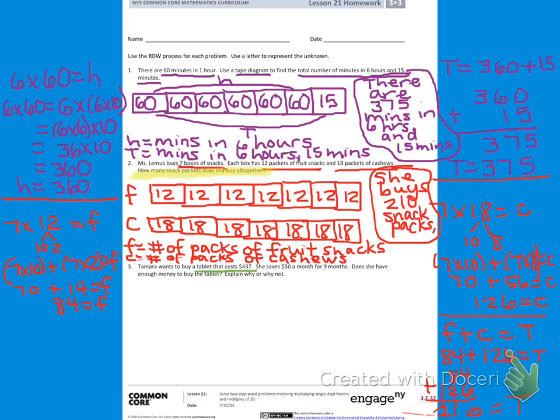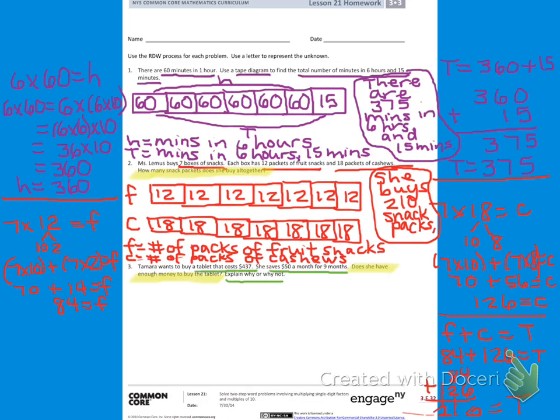Tablet costs $437. Saves $50 a month for 9 months. Now let's highlight the question. Does she have enough money to buy the tablet? And underline the important part of the directions as well. Explain why or why not.